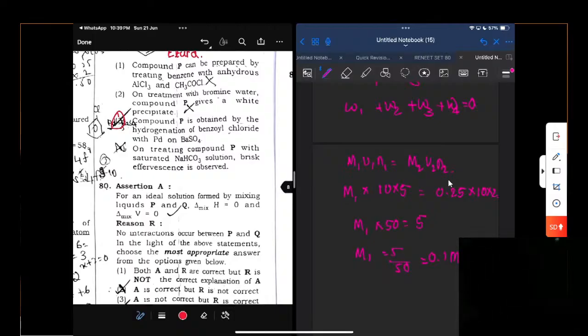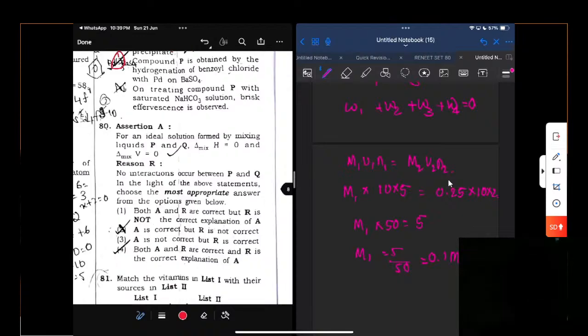An ideal solution is formed by mixing liquids P and Q, delta H mix is 0 and delta V mix is 0. Is it true? Yes, the assertion is true, because in the case of an ideal solution, delta H mix and delta V mix will be 0.